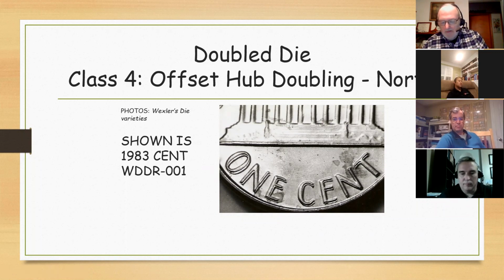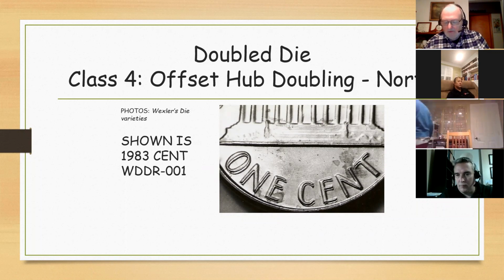This happens when the centers of the hub and the die are not in alignment during one of the hubbings. The obverse die is slightly offset. The overlapping images or doubling will occur spread in the same direction as the die. Now this one, it would be the reverse die because it's on the back of the coin.